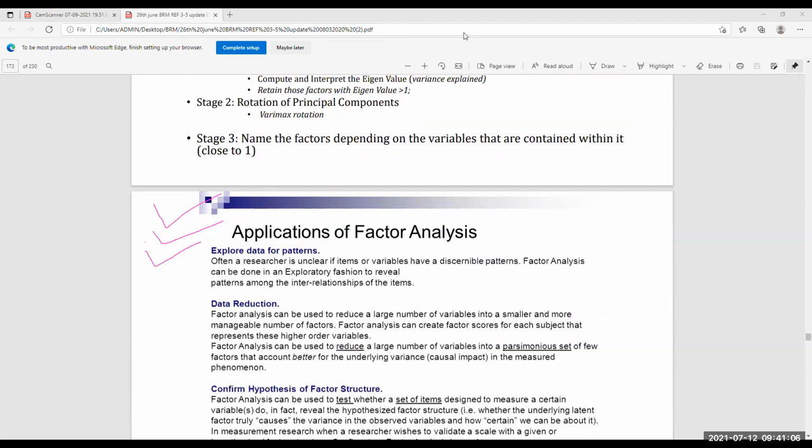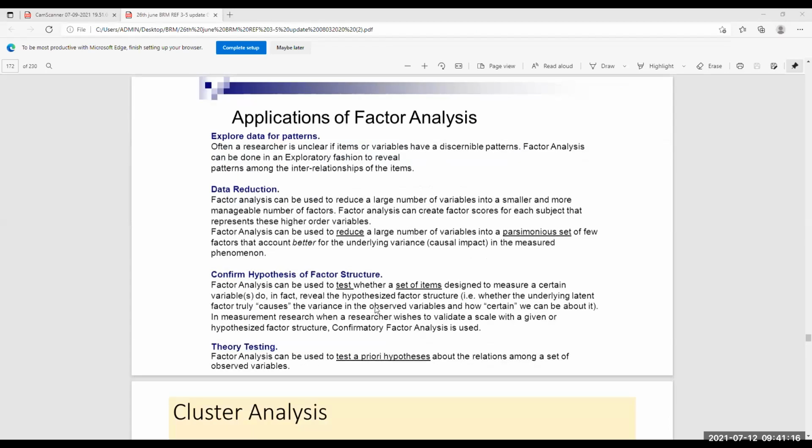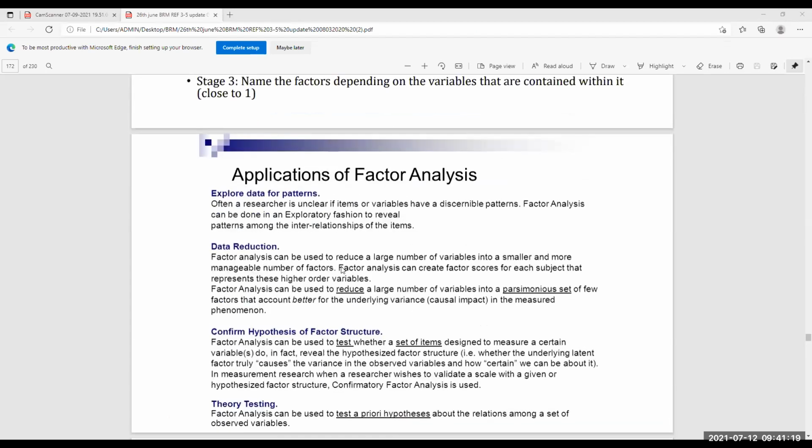All right, so let us see once again. Now, application of the factors would be that you should be finding out whether the data is giving you certain patterns which you can interpret.